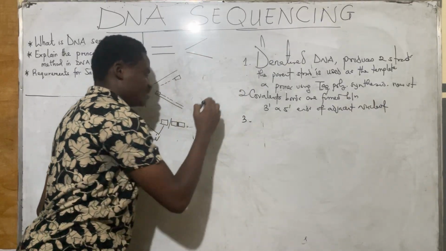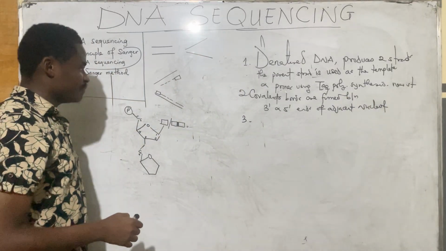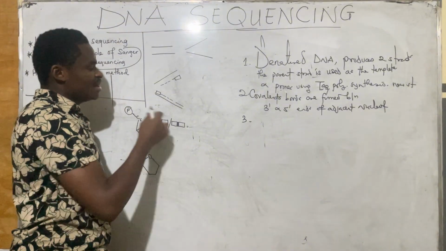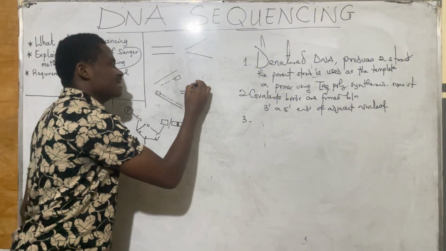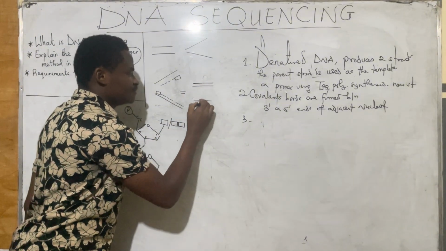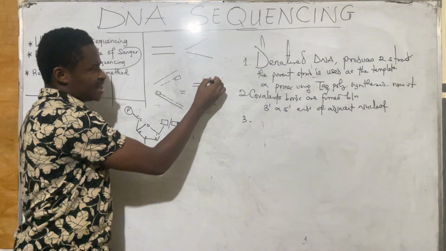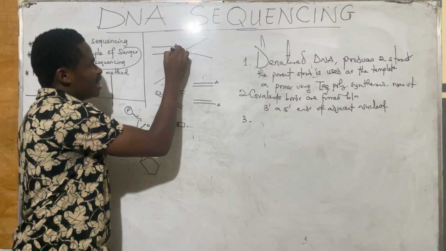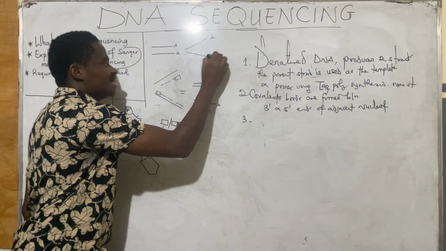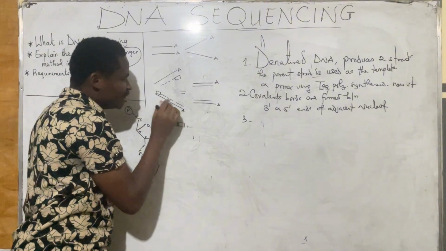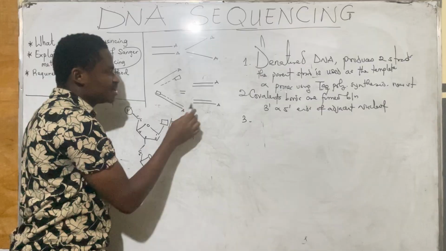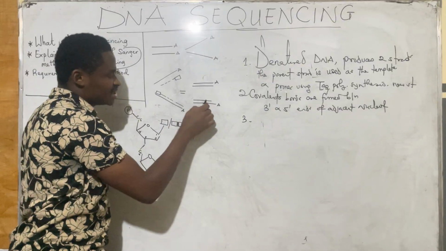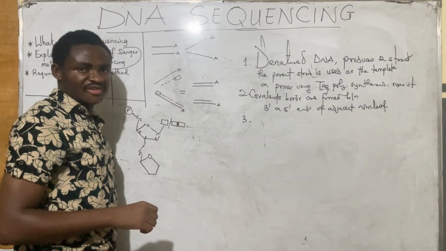Now, what becomes of the third point in this particular procedure? At the end of the day, we are going to have something like this: 2 new strands. These were the originals, and this is a new strand that has been formed. So these are the original strands, and then the newer strands that have been formed.